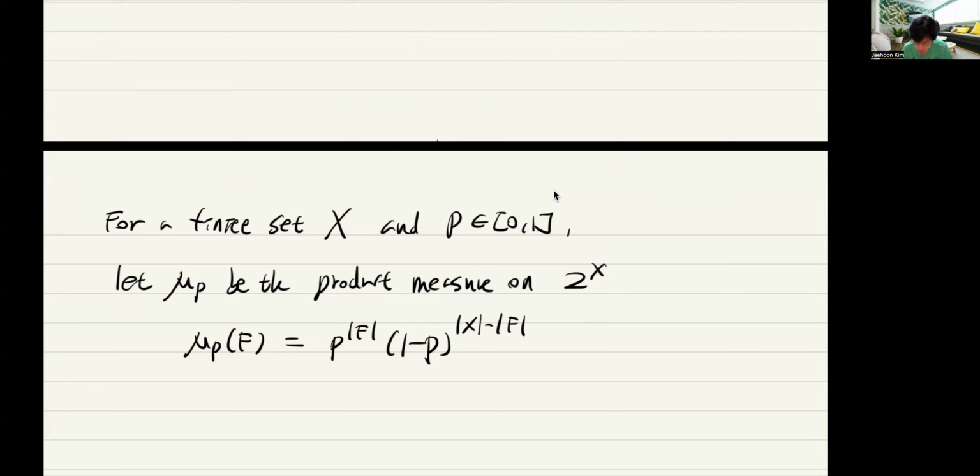So if you choose a p-random set, your final set is exactly F with this probability.